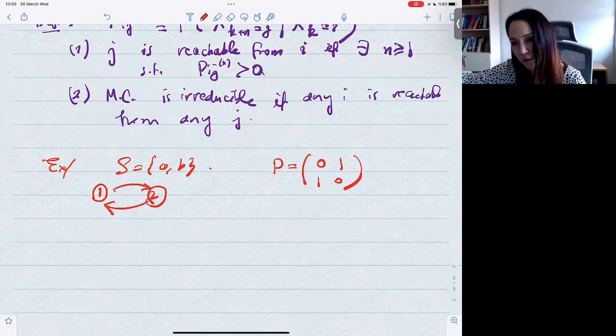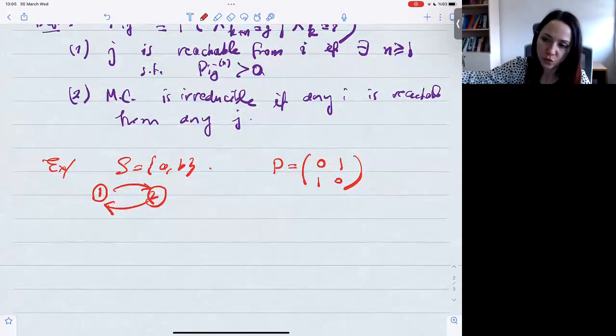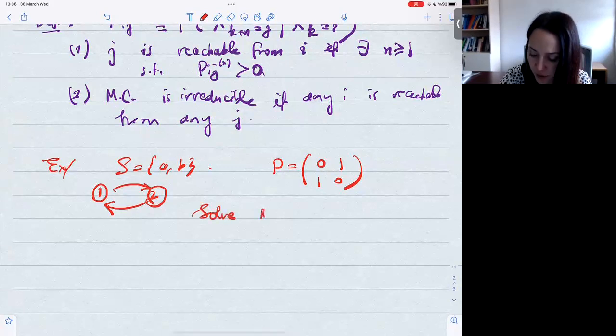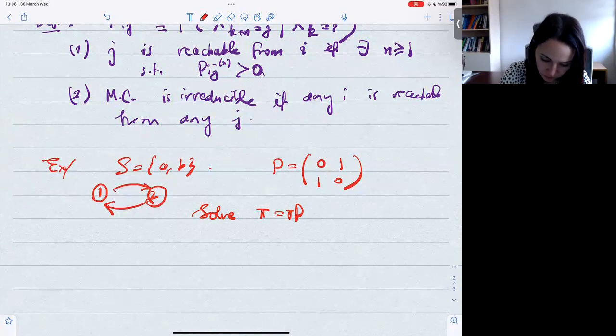If you're in 1, you go to 2. If you're in 2, you go to 1. Now let's solve pi equals pi P. What is the solution? The solution is 1/2, 1/2.